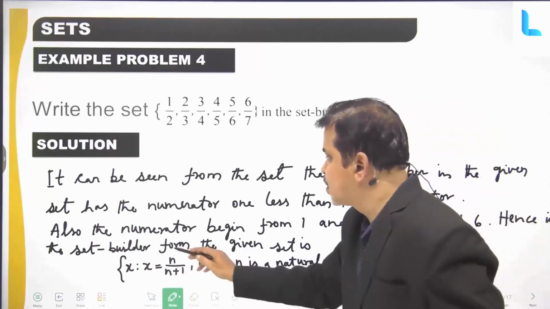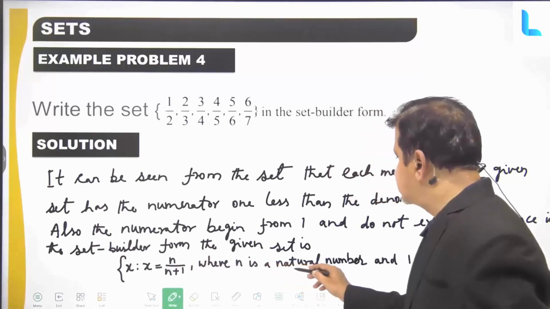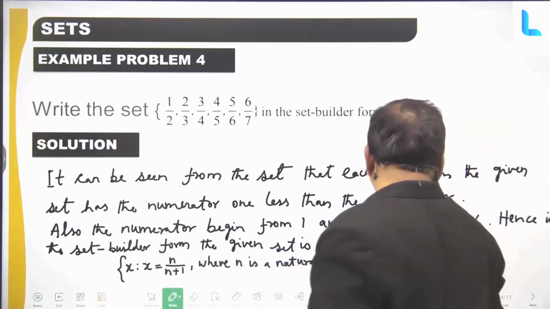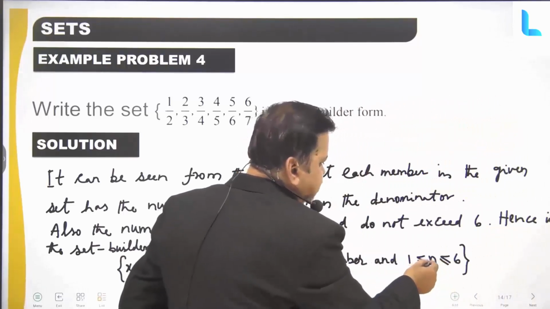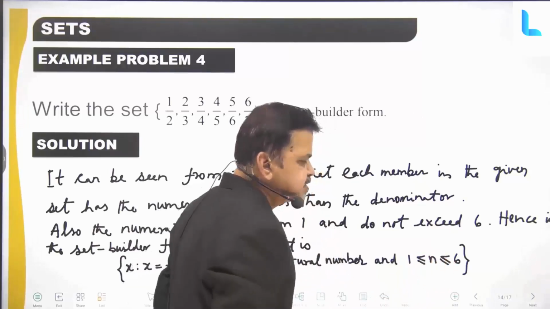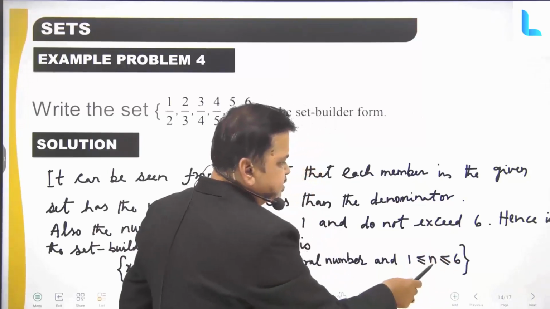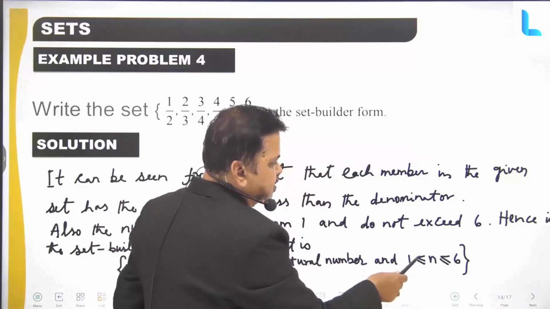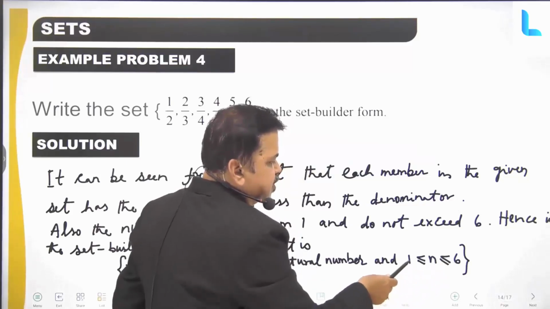So this is the rule or the property where n is a natural number and 1 is less than or equal to n and n is less than or equal to 6. So that is, the n value lies between these two limits, 1 and 6.